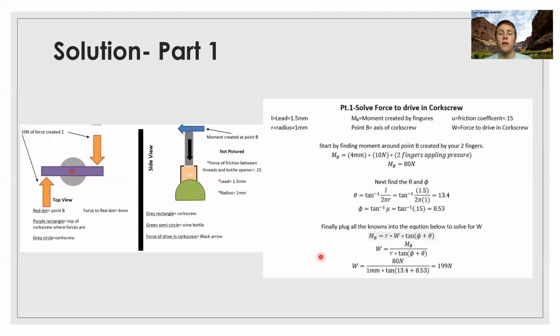We will be solving this using two main equations. The first is the sum of moments. Actually, we are just going to figure out the moment using our two fingers, the 4 millimeters from the center of the axis to our fingers, and the 10 newtons of force pressed by each finger.